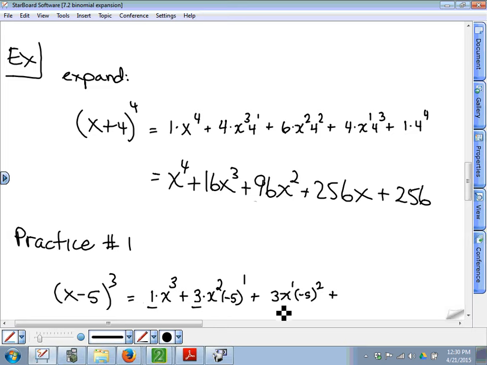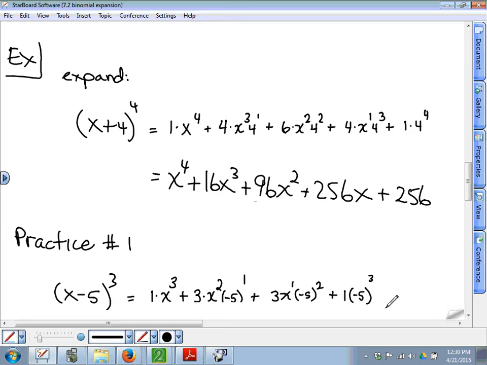We have a 1, we have a 3, we have a 3. Last number in that row is a 1. What happens here? 1 times -5 to the third power.